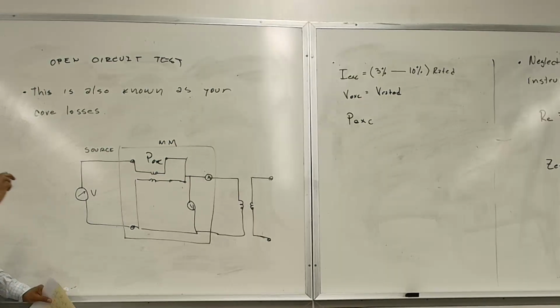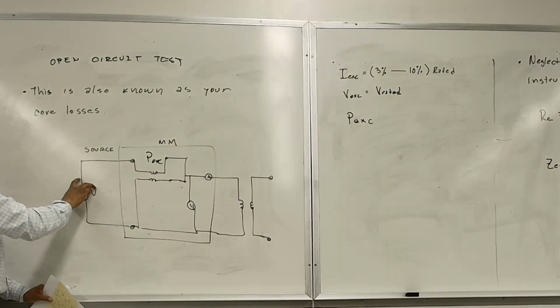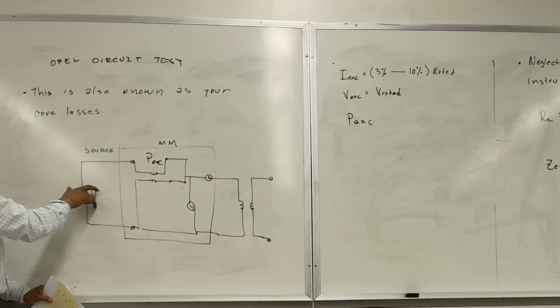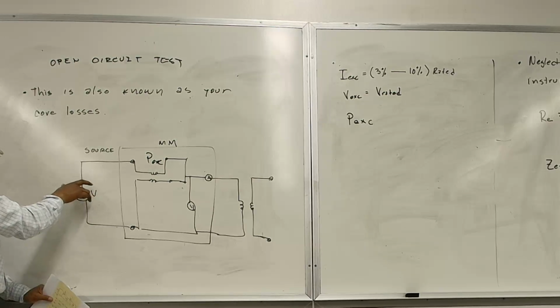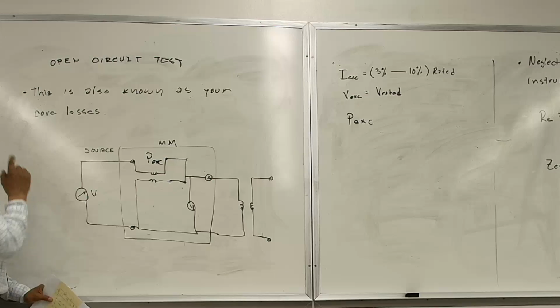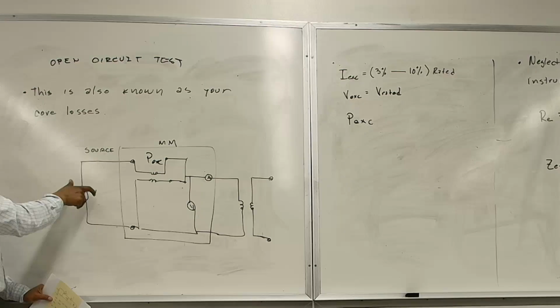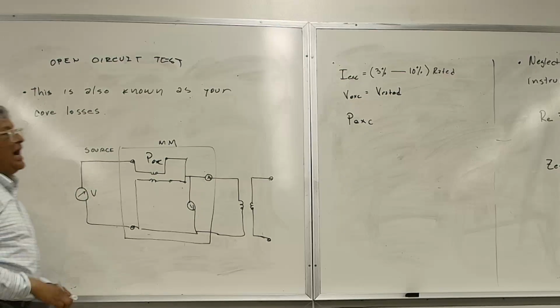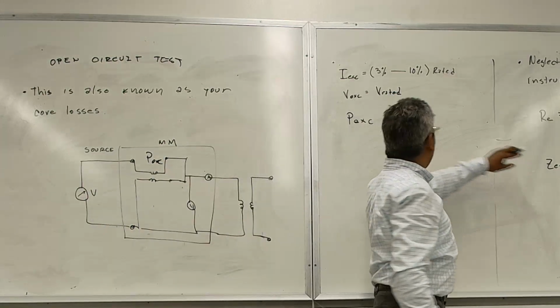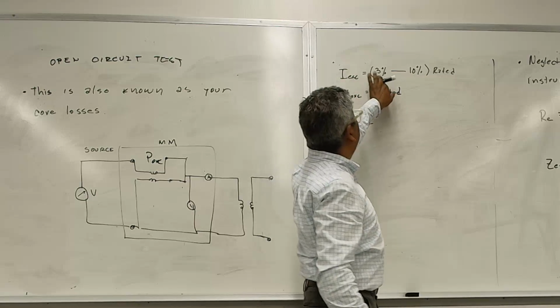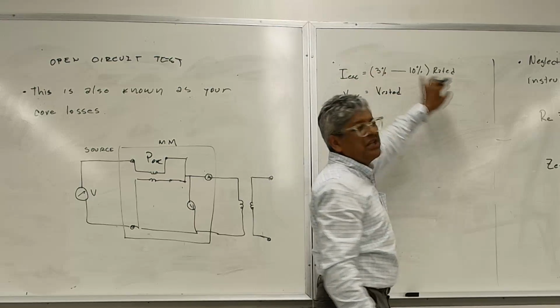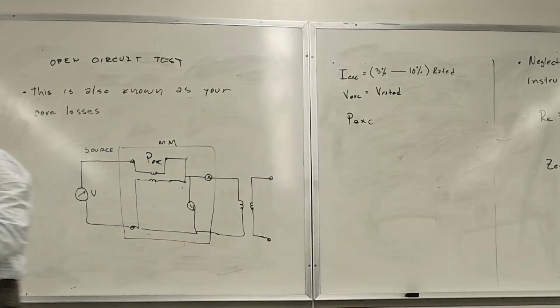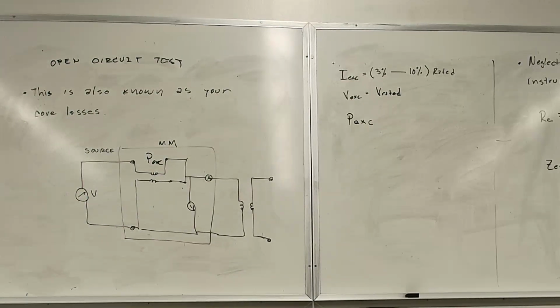So in this case, you have the variable voltage source, you're gonna start increasing your voltage until you get this voltage to be whatever the transformer voltage is rated for. Say the transformer is rated for 120 volts. You are gonna get this all the way to 120, and then you're gonna measure this current, and hopefully it will be between 3 and 10%. And you should hit it. Okay, you should hit the value, so you should be between that. Obviously, you don't want to go higher than that because then you're going to have other issues.